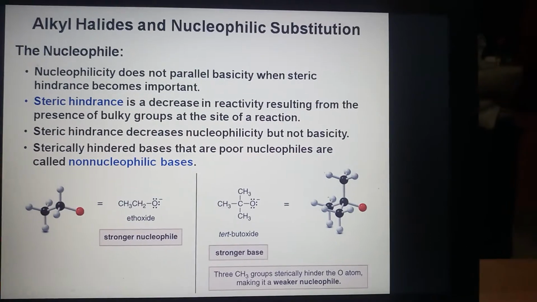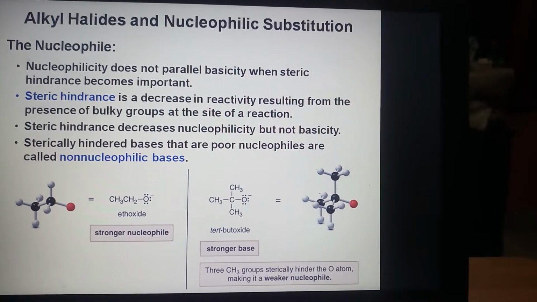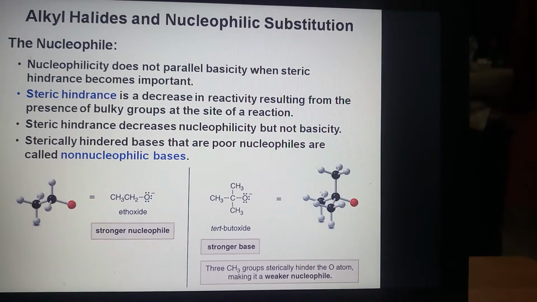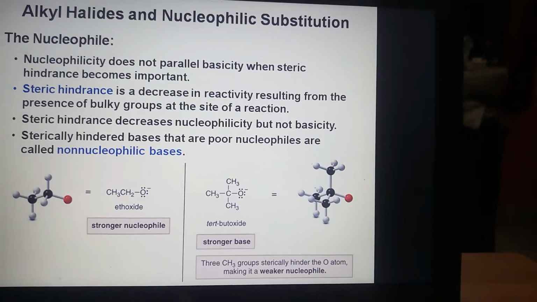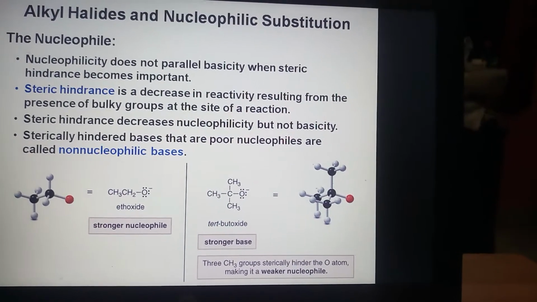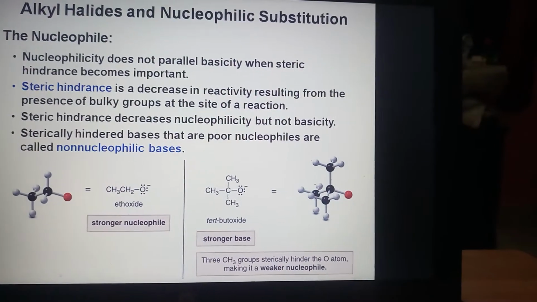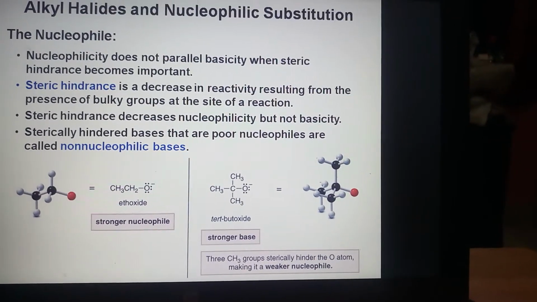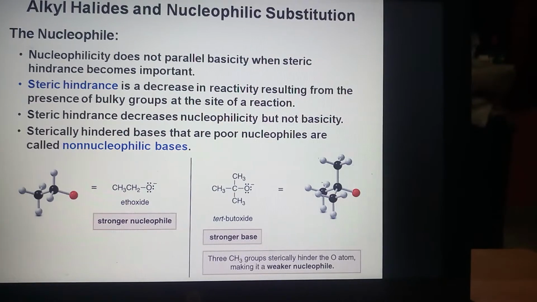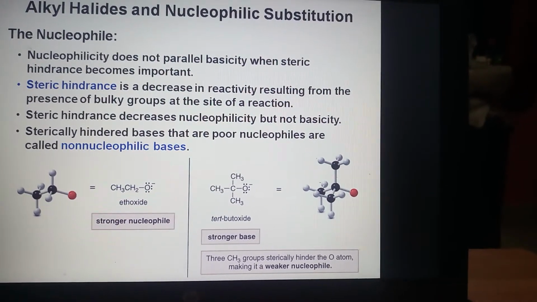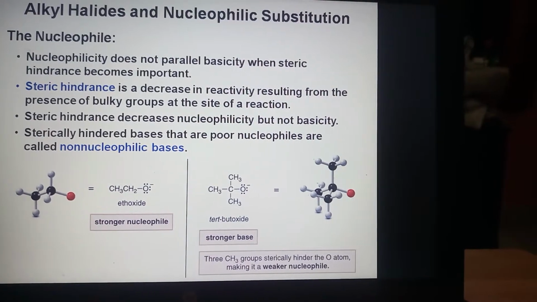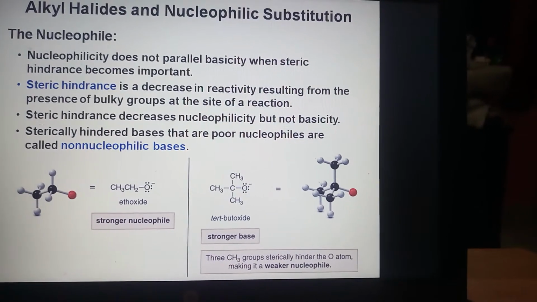Sometimes nucleophilicity does not parallel basicity, when steric hindrance becomes important. Steric hindrance is a decrease in reactivity resulting from the presence of a bulky group at the site of reaction. Steric hindrance decreases nucleophilicity but not basicity. Sterically hindered bases that are poor nucleophiles are called non-nucleophilic bases.